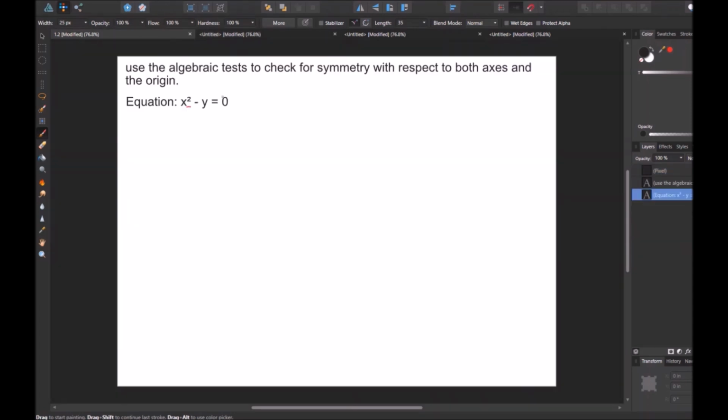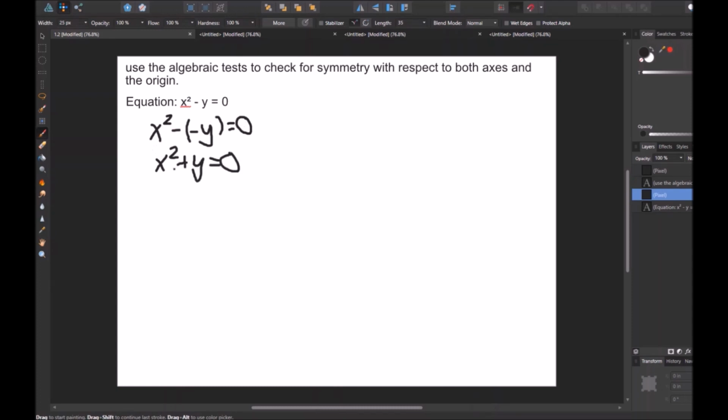So if we're finding symmetry about the x-axis for this one, we plug in negative y for y, like that. So now we have x squared minus a negative y equals 0, and when we distribute this negative 1, this becomes positive y.